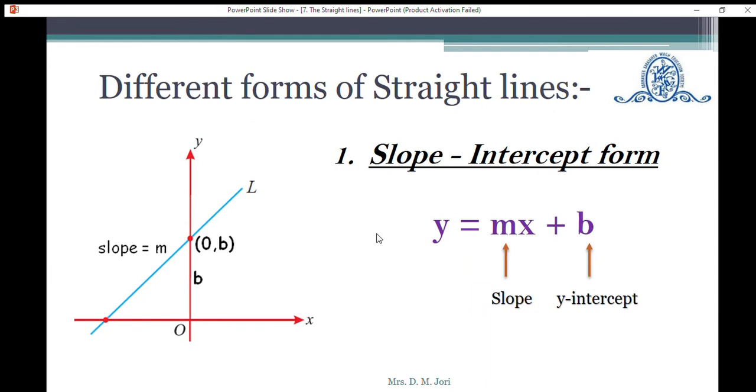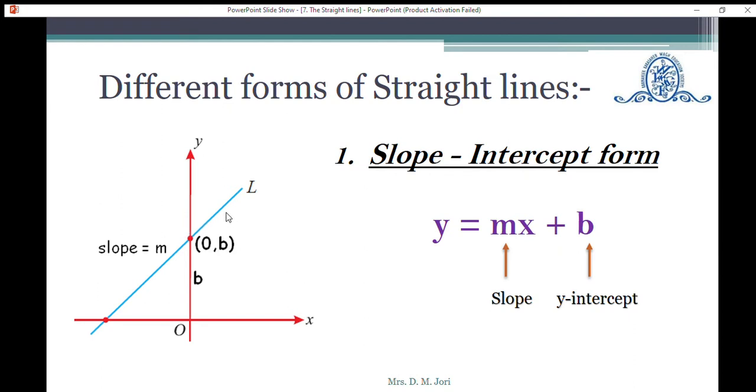Next, let us see different forms for straight line. The first and very important is slope intercept form. Slope intercept form is simply y equal to mx plus b. Again, observe that figure. The slope m is known.